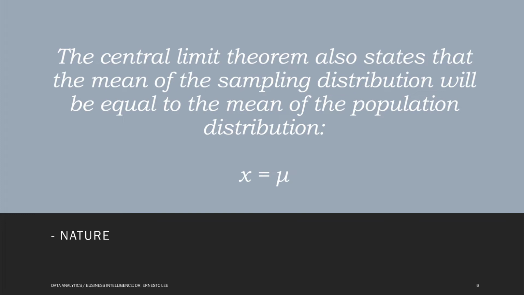I can give you examples where economists will use the central limit theorem to find the average annual income of people. I can give you examples where biologists will say, hey, I want to find out the average height of, say, the royal palm tree in Miami. And so they go out and measure 30 royal palm trees. And based off of that, they know the average height of royal palm trees in all of Miami.